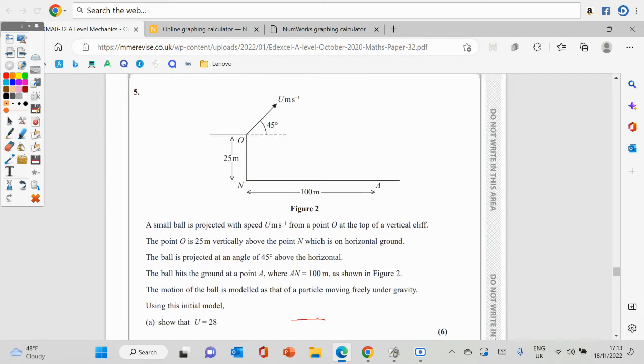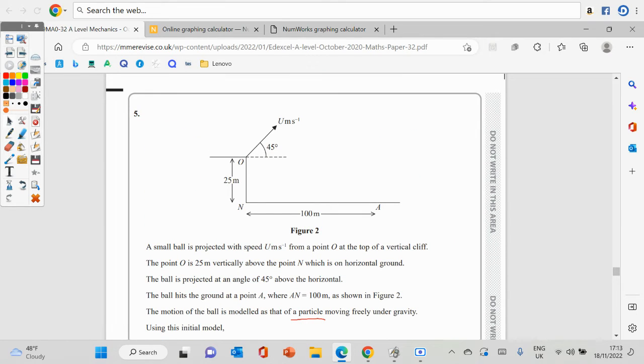Now, the way I like to do these questions is dependent on the mood I'm in. I can do them in two ways. I can do them horizontally, then vertically, or I can be mean and just draw a table. So I'm going to draw a table because I like drawing tables. So x, y, I've got my suvat, which I'm going to write down.